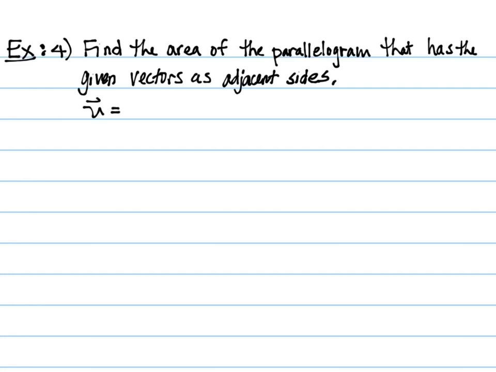Vector u is i + j + k. And vector v is j + k.